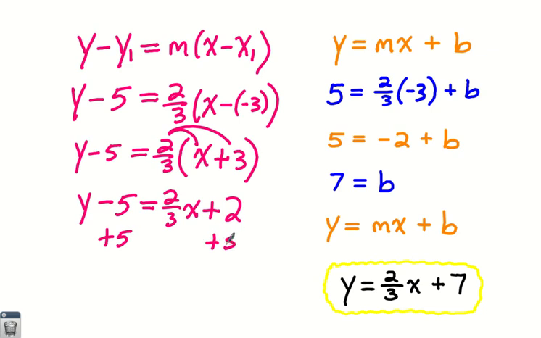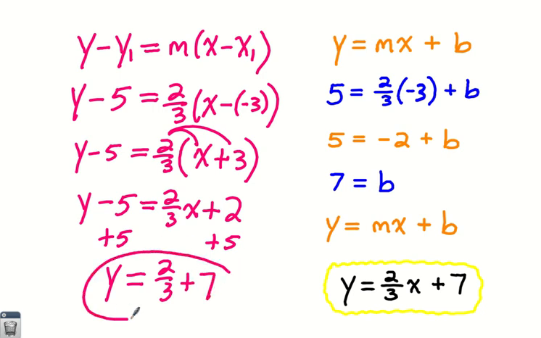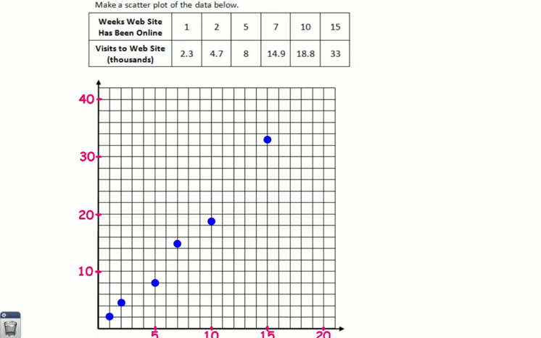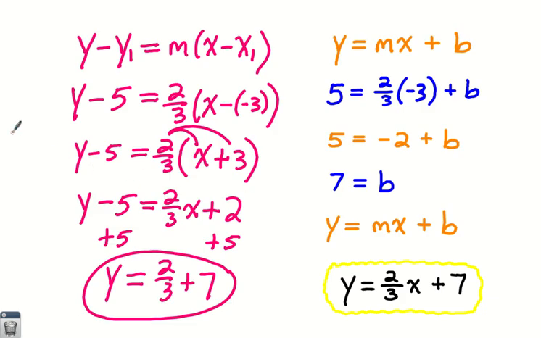Now I finish getting y alone. And of course, no matter which method you use, you get the same final answer. And yeah, that should do it for 2-4.